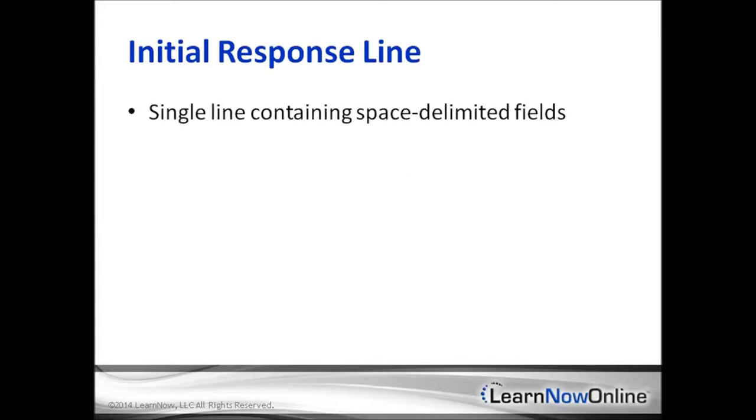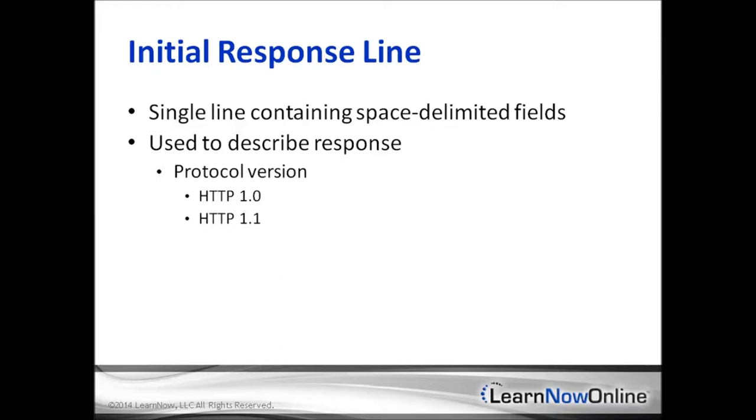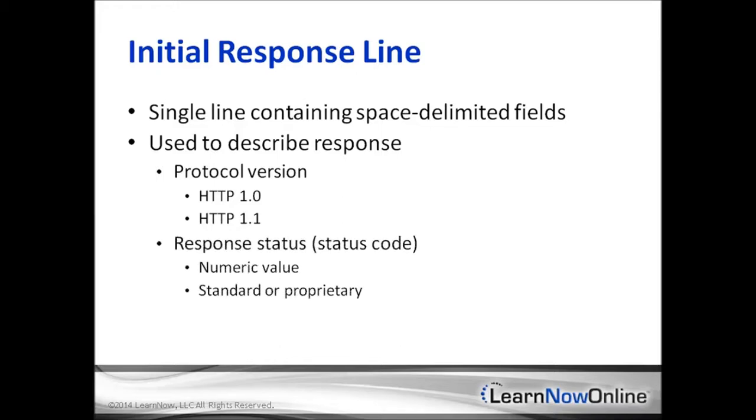The initial response line is going to be a single line with space delimited fields, and it's basically describing the response, okay? And this is going to become very important later on in REST as you begin to use REST, is that part of the initial line that comes back is going to be the success or the failure of the request, as well as things like the protocol. But that response code is, for most REST clients, actually I say most, for all REST clients, what the client is going to trigger on to determine if the request was successful or if it was a failure.